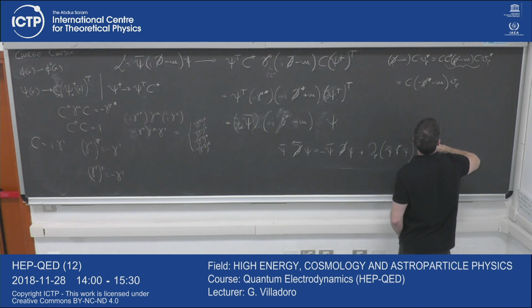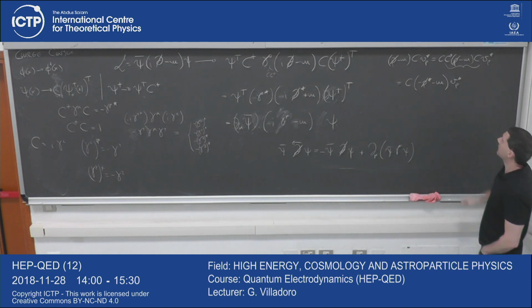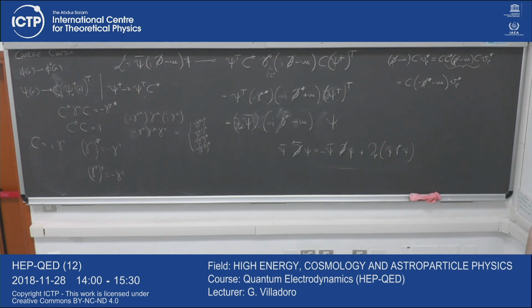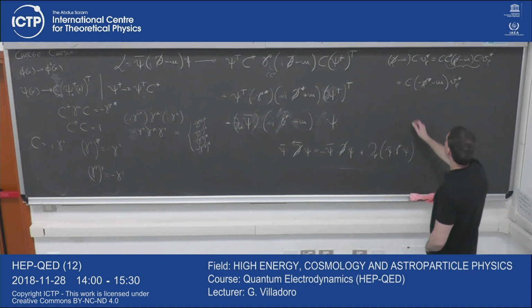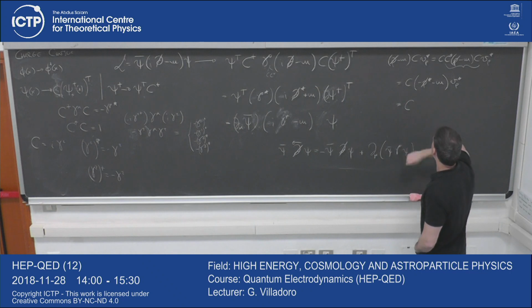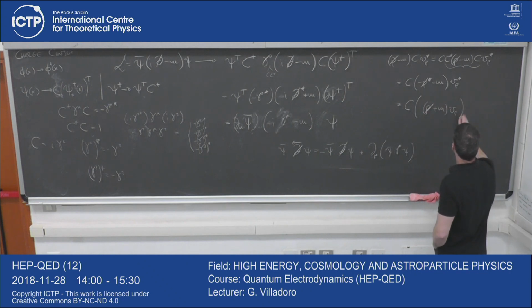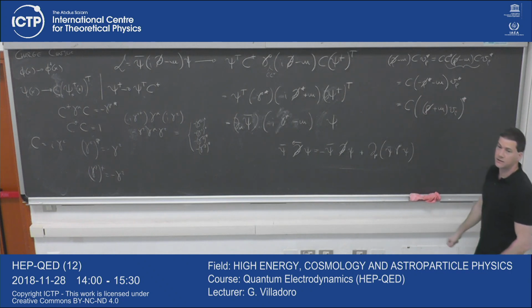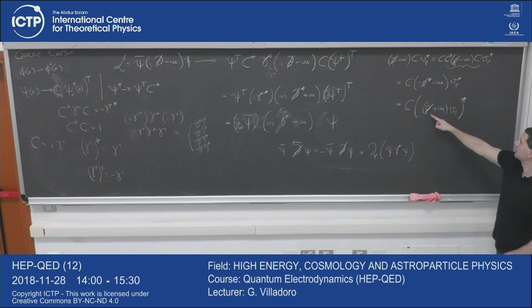So this is equal to that, and this I can also write as C of P slash plus M on V P, all star. There is a minus.